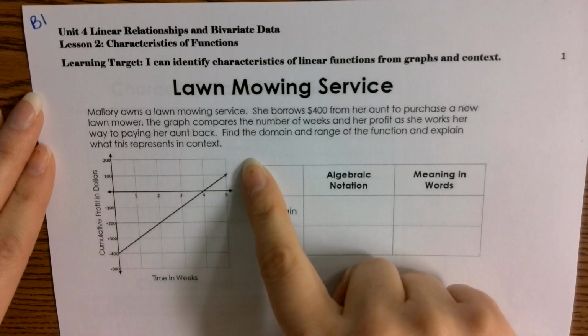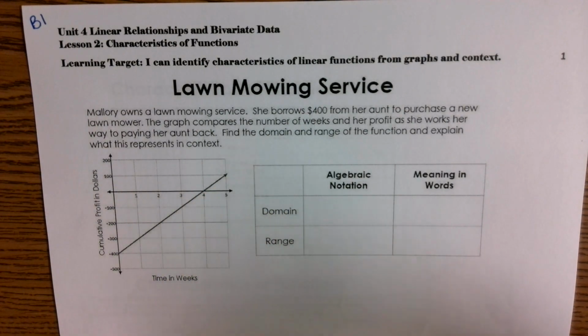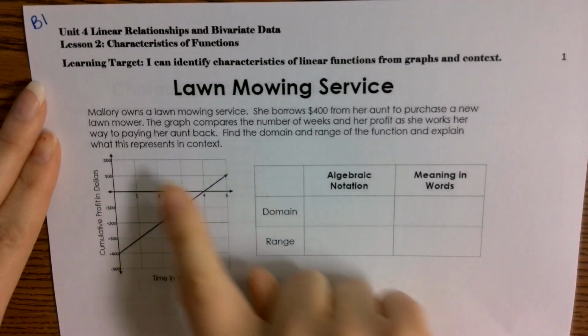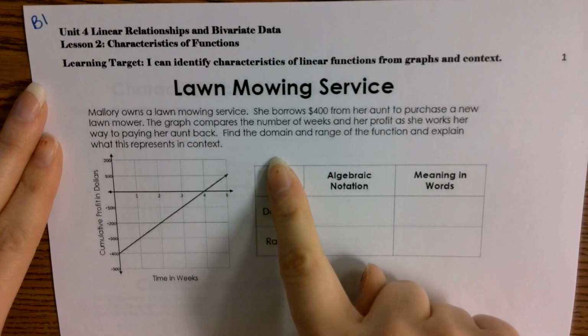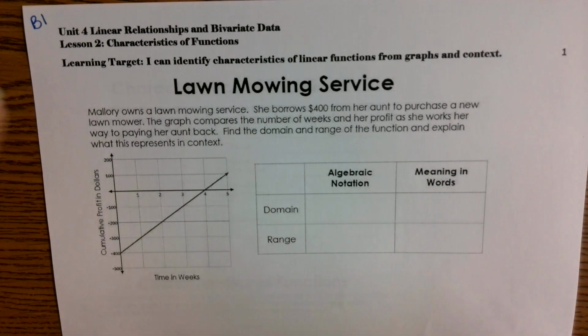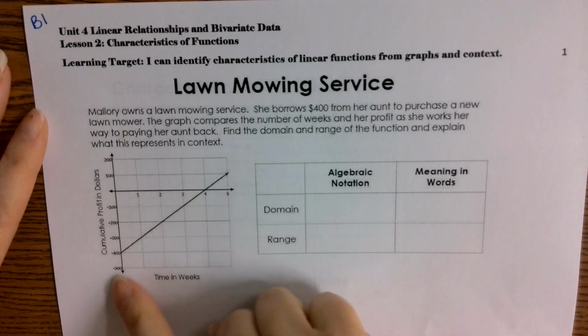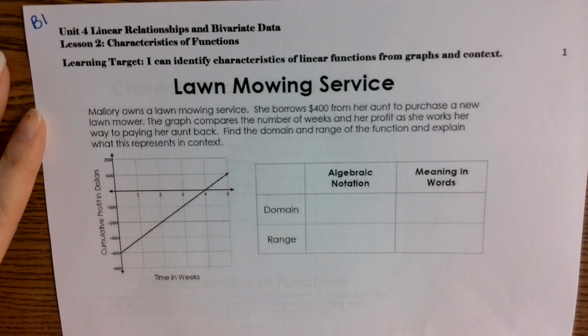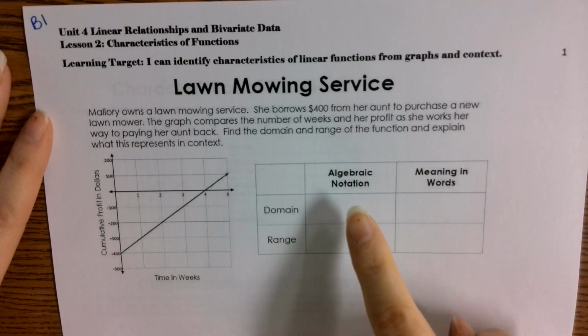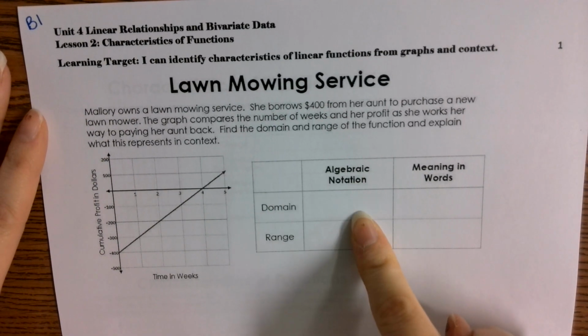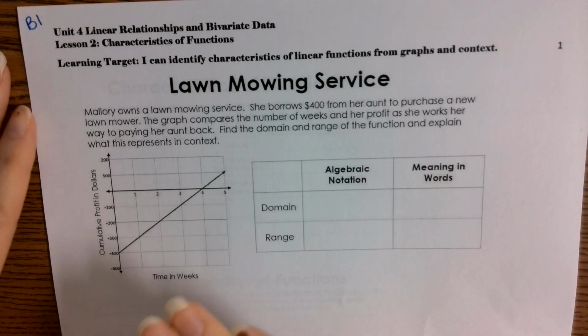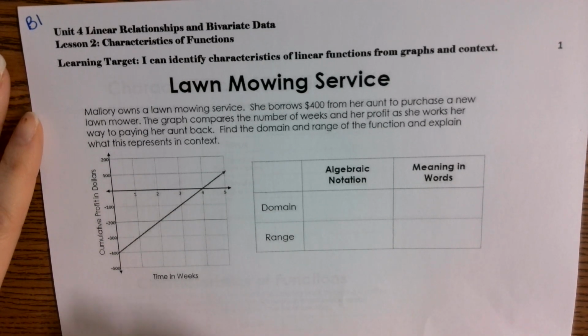Once she moves past that 4 weeks, then we can start stating that she's earning profit for keeps, not for paying back debt. Okay? So looking at what this represents versus the graph, we can connect those real-world situations to a domain value, which is our x, and to a range value, which is our y. So for algebraic notation, our domain, our minimum point that the domain can be is what value?